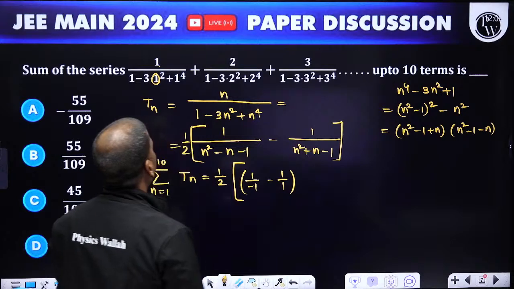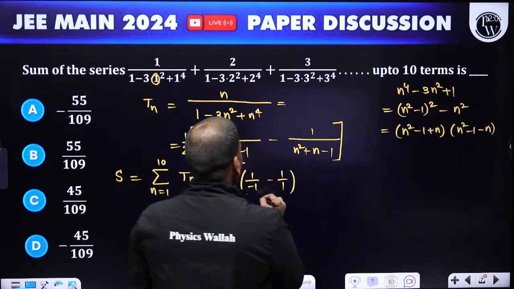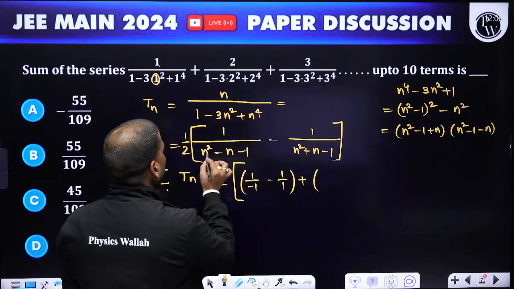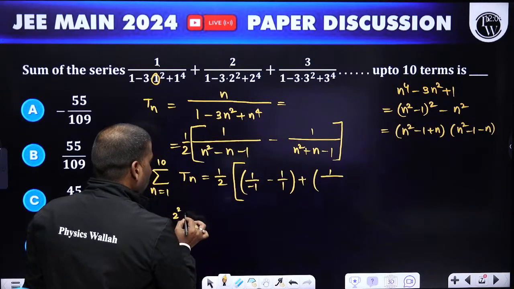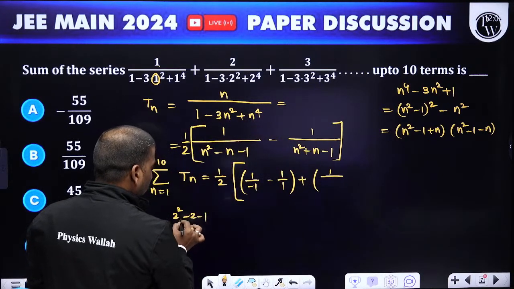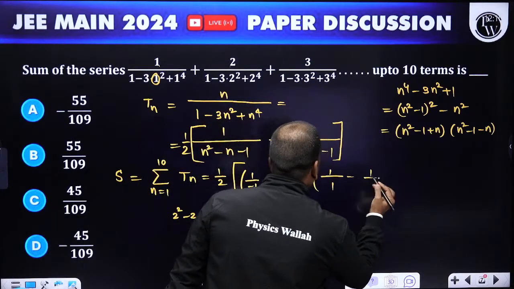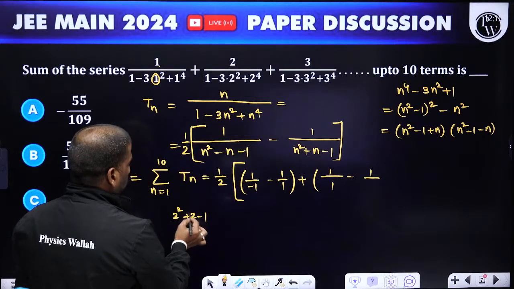Next, that is 1, right, minus 2. Next, plus, when we give it 2, what do you get? 1 by 2 square minus 2 minus 1, 4, that means 1. Minus 1 by 2 square plus 2 minus 1, 4 plus 2 is 6, minus 1 is 5.